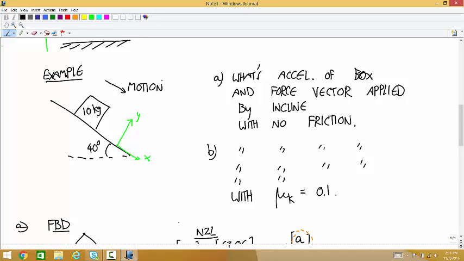So here's a question for you to answer for me. What if I had said the motion was up the ramp? That doesn't look like it makes any sense, really, right? Could I do that? Yes, because motion and acceleration don't have to match. That's right, exactly.